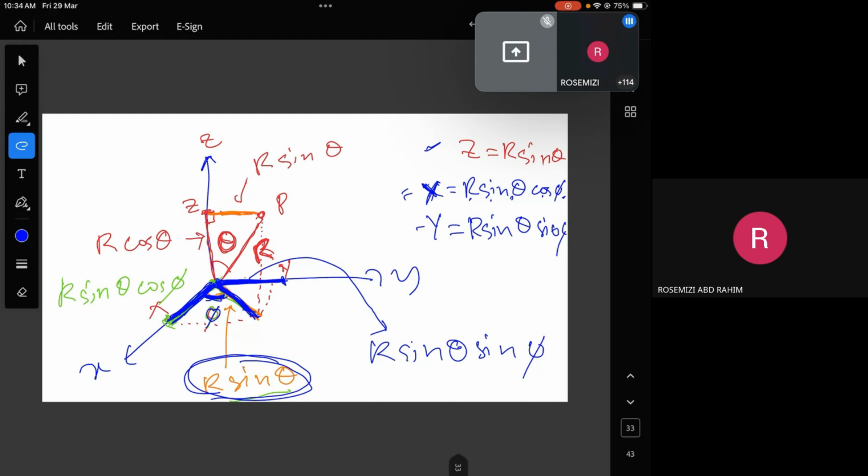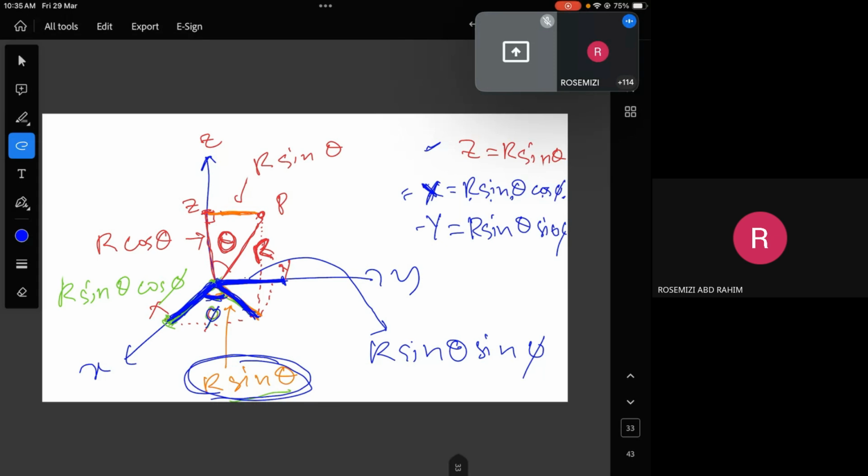So from this, we can say that this is a transformation from spherical to Cartesian.